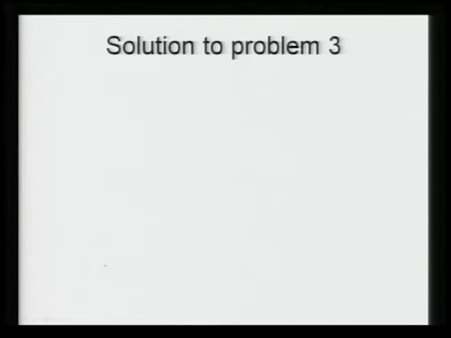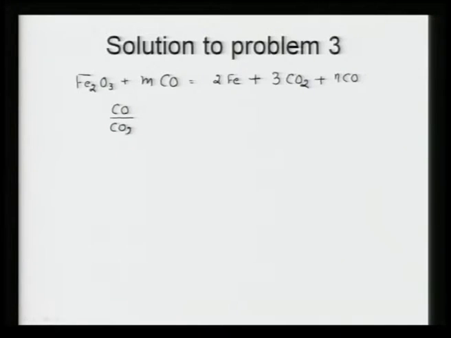So, here I will just write down the reduction equation which we are required to put in whole numbers. Fe2O3 plus M CO is equal to 2Fe plus 3CO2 plus N carbon monoxide, that is what is given, and we are also given the CO upon CO2 ratio, 7/4.